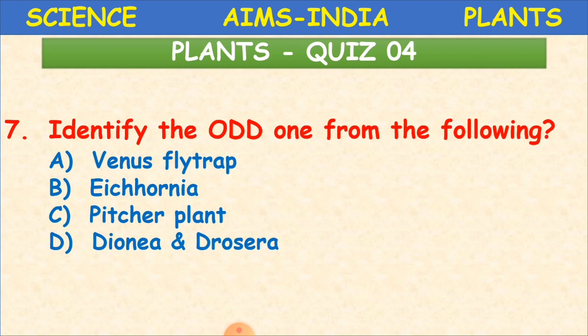Venus flytrap, pitcher plant and Dionaea and Drosera, three are insectivorous plants. We have learned them. And what is remaining here is Eichhornia. Eichhornia is a floating aquatic plant. So the odd one is Eichhornia. Clear?